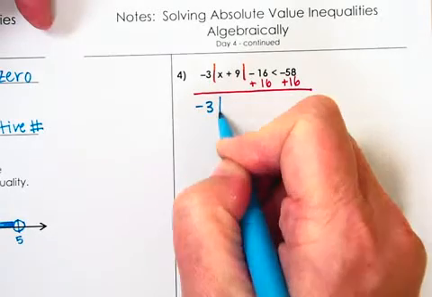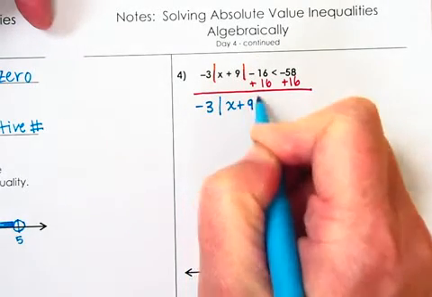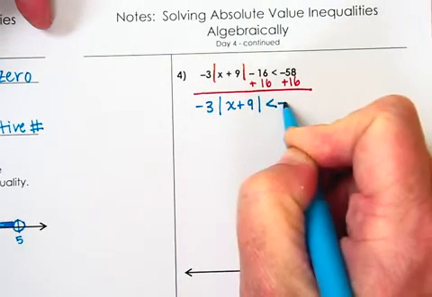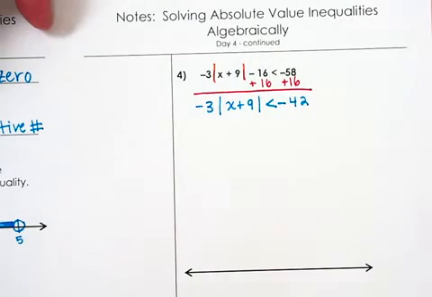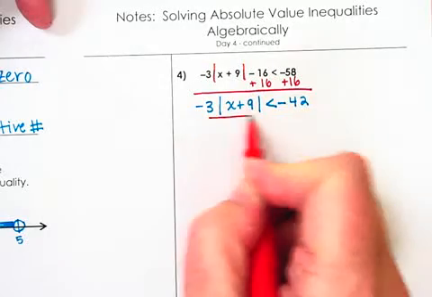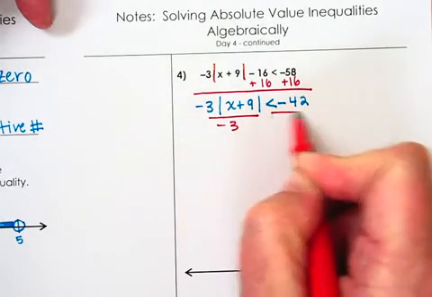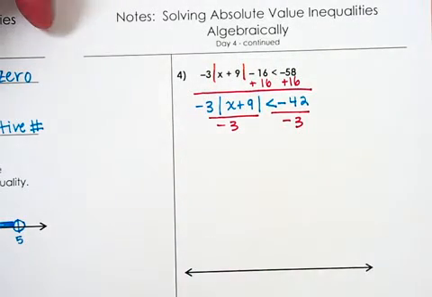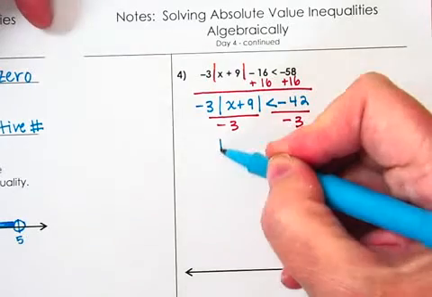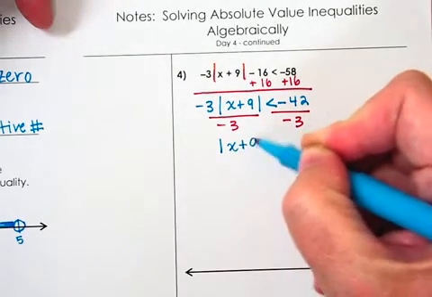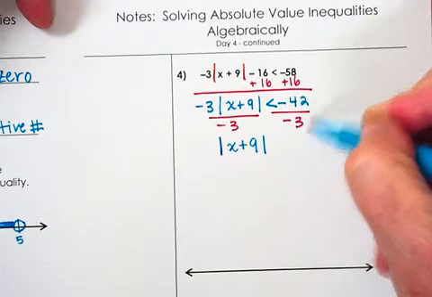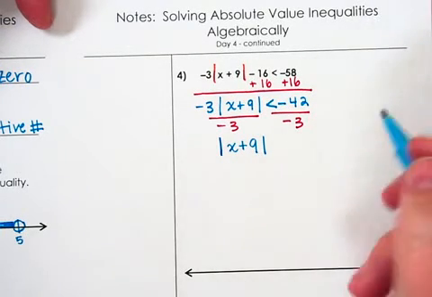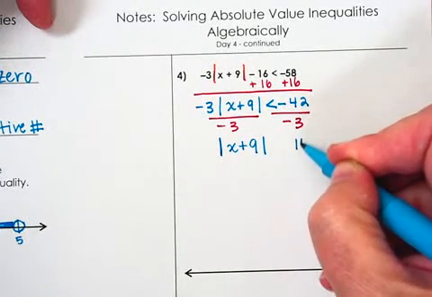Negative 3, absolute value of x plus 9 is less than negative 42. Okay, the next thing I'm going to do is divide by negative 3. So the absolute value of x plus 9, and negative 42 divided by negative 3 is going to be 14.